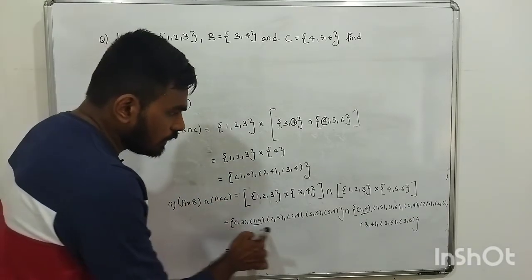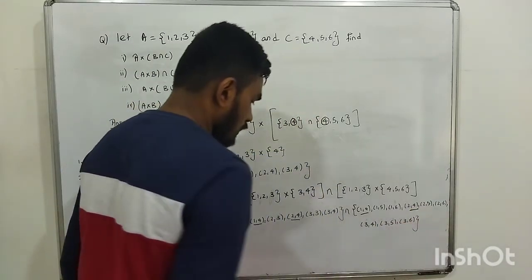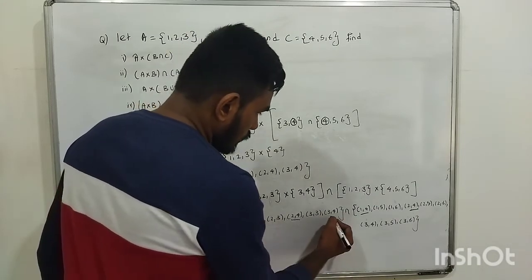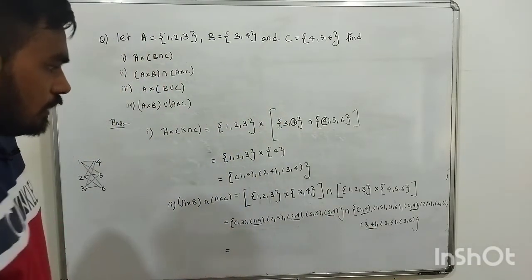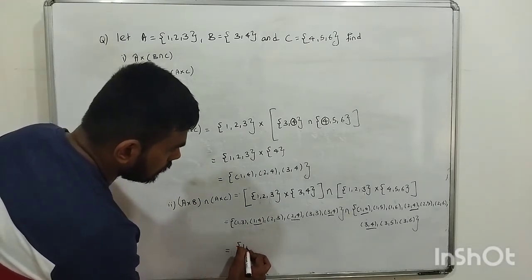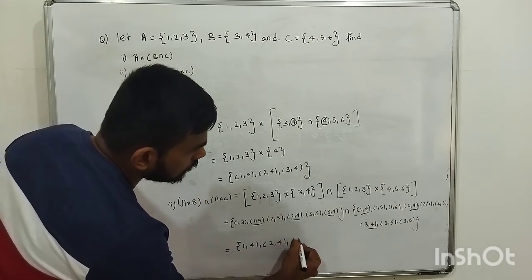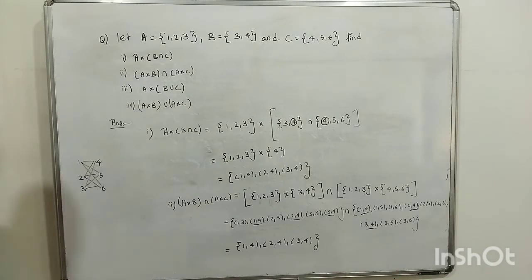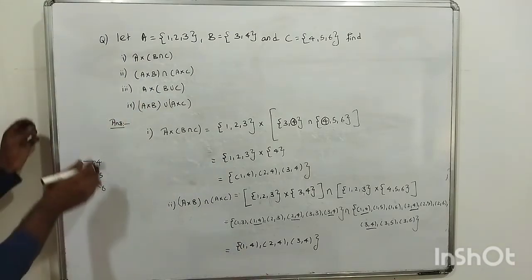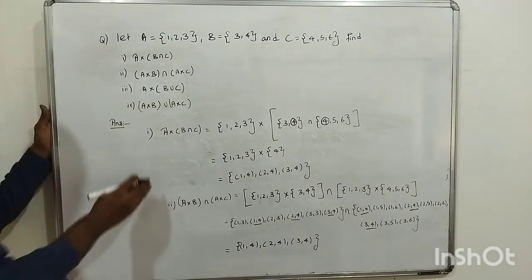Then (2,4) is in both, and (3,4) is in both. So the set is {(1,4), (2,4), (3,4)}. Similarly we'll find the third and fourth one, A cross B union C and A cross B union A cross C.